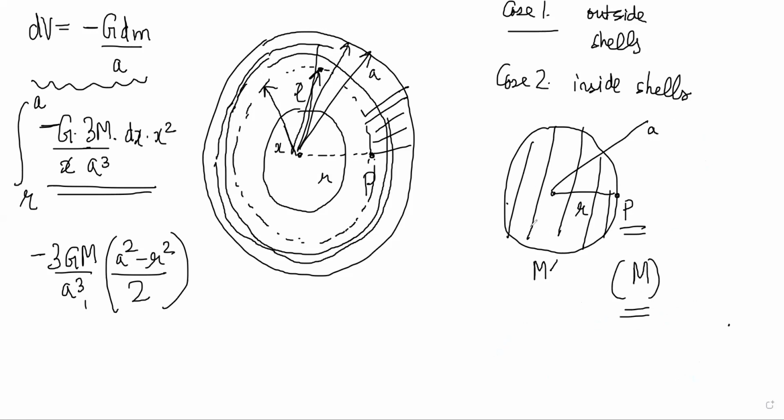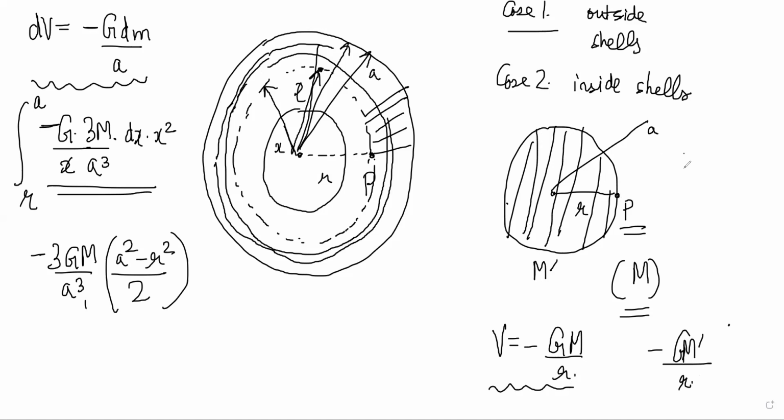Whatever is the mass inside is lesser now. So in the previous part when we had found V was minus gm by r, that was for a point outside a solid sphere. Now it is minus g m dash by this r, right? Where m dash is the mass, whatever is inside.